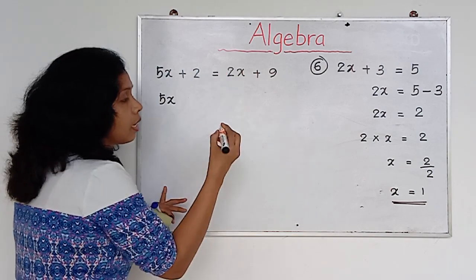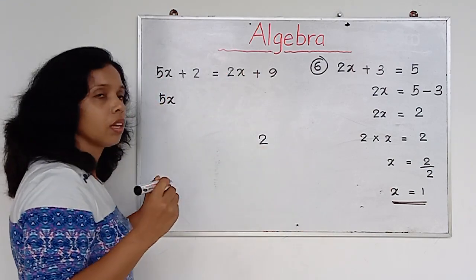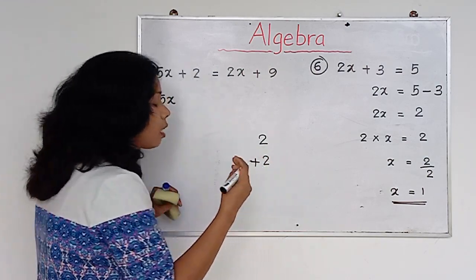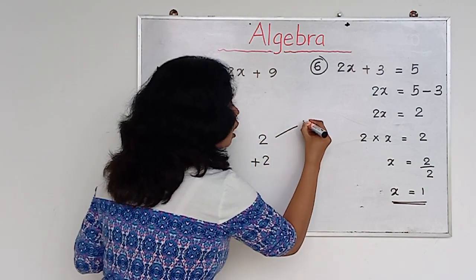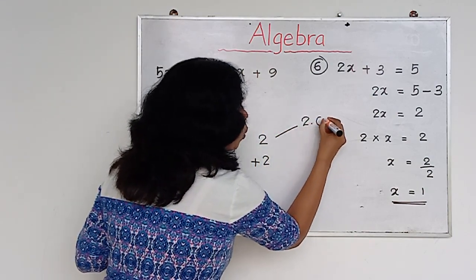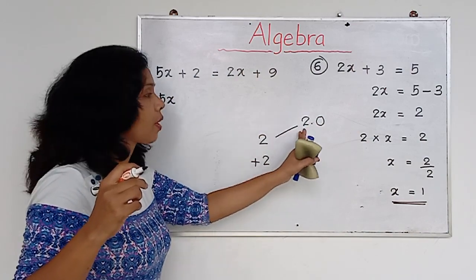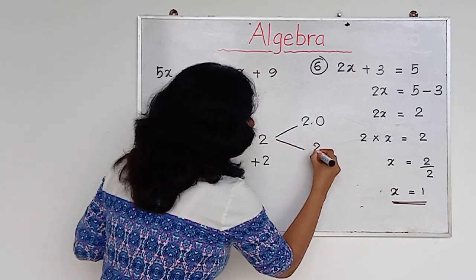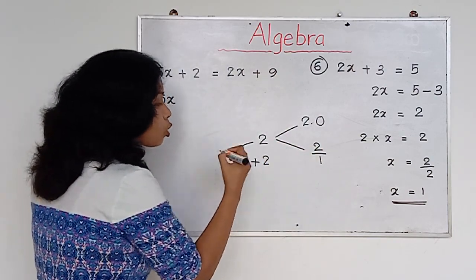So normally, children, I think you know these things, let's say 2. This 2 means what? Plus 2. But normally we don't show it, right? Another thing I want to tell you: 2.0, what does that mean? 2. So we can write it as 2.0, another way is 2 over 1, and another way is plus 2.